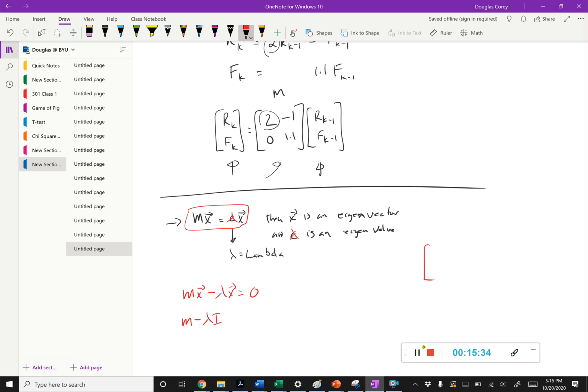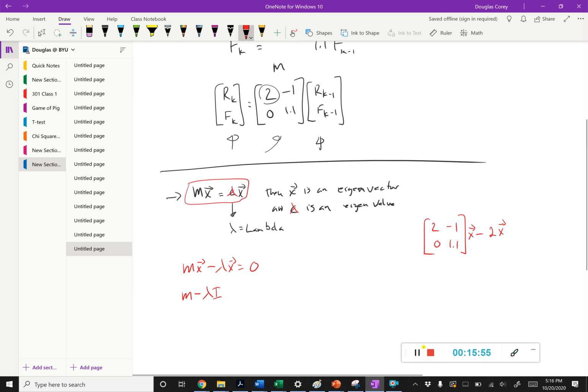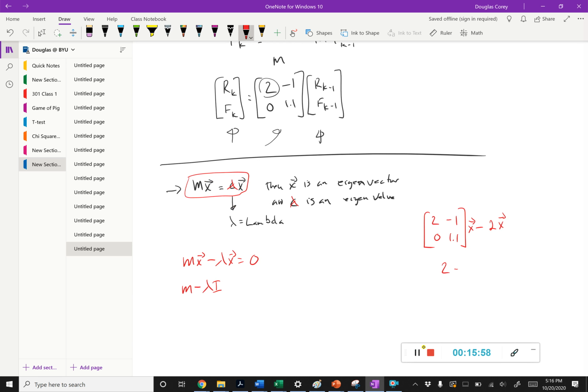Just to illustrate the problem we're having, if this is my matrix and I'm subtracting a number times x, I'm just going to pick 2 times x. It doesn't make sense for me to factor out the x right there, because then I'd have a matrix minus a number times the x vector.